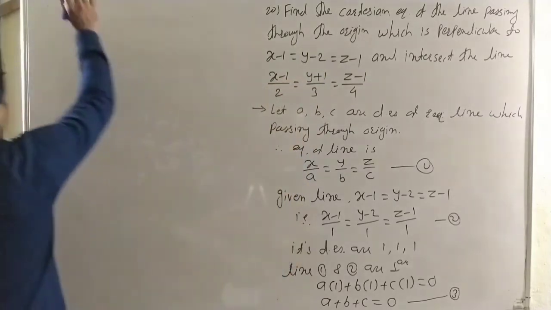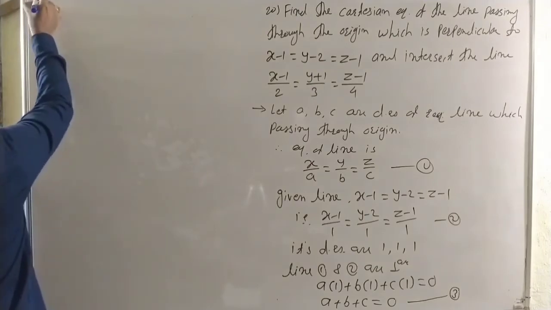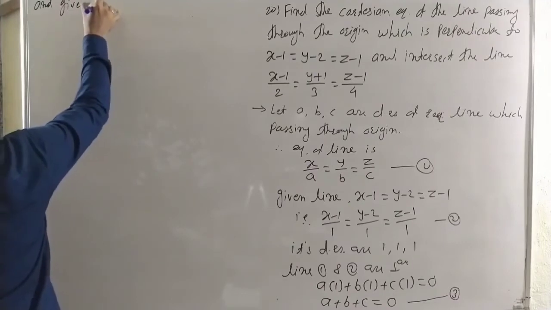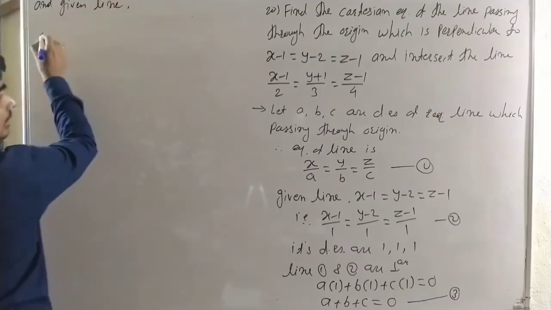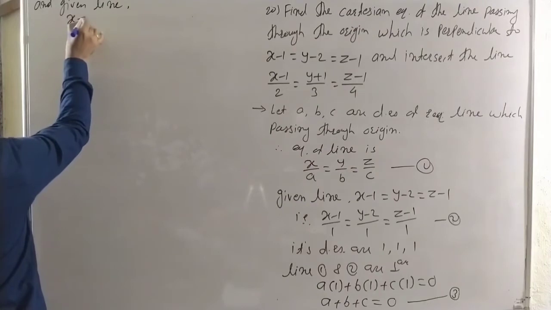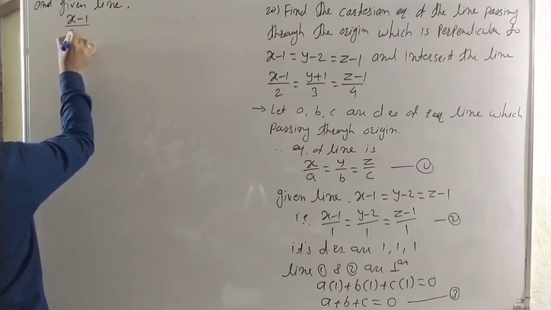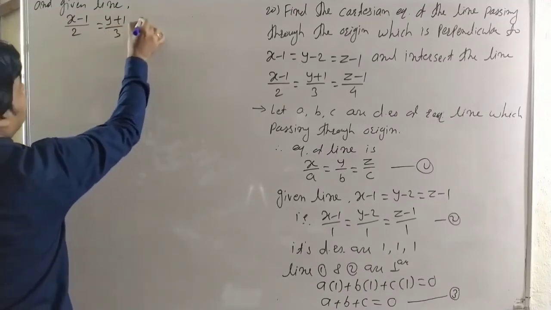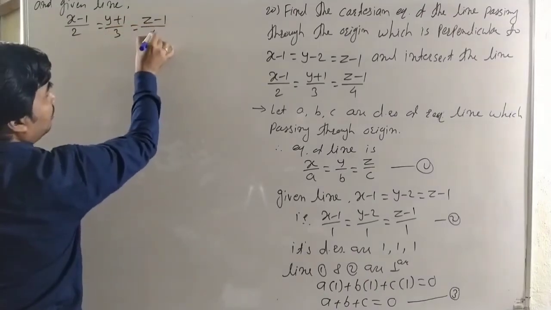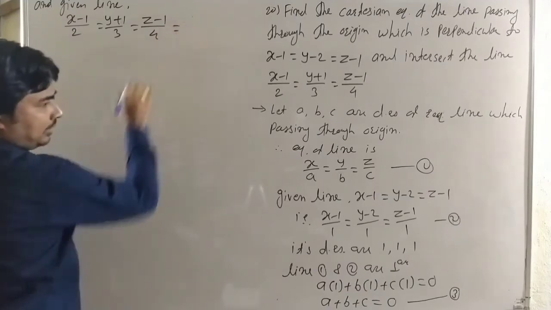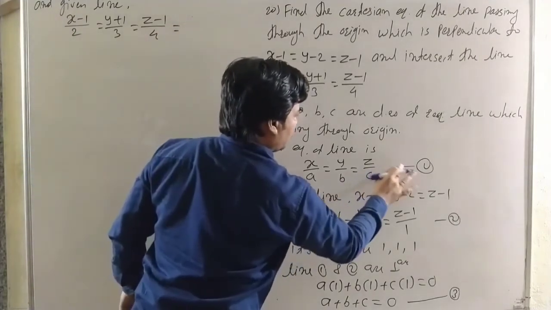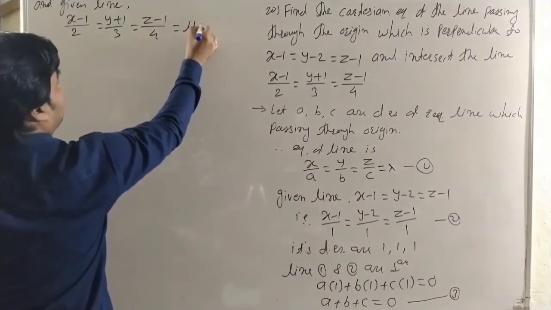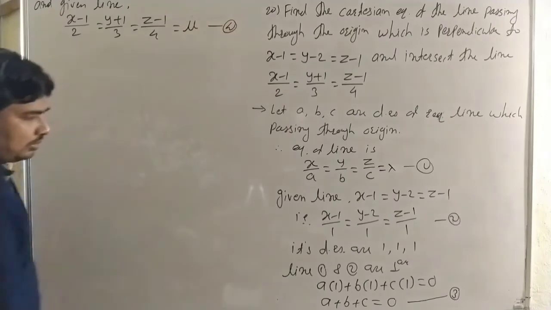The given line is x minus 1 upon 2 is equal to y plus 1 upon 3 is equal to z minus 1 upon 4. Suppose it is equal to mu. Here it is equation number 4.